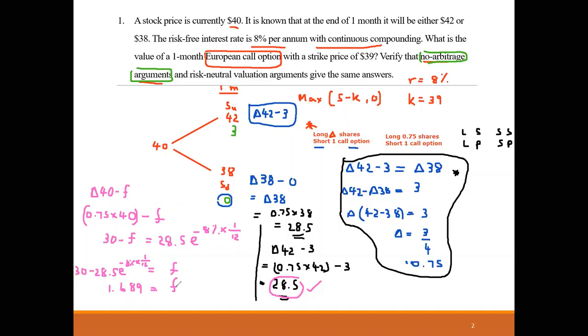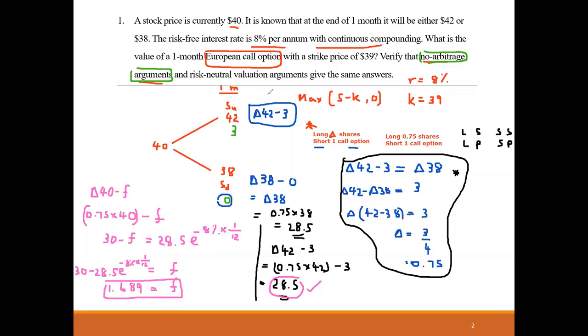So now that is based on the no arbitrage argument. Next, we can calculate the same option price by using the risk neutral valuation as well. If you're using the risk neutral valuation, what happens is you take the value of the option as the present value of the expected payoff of the option at maturity.